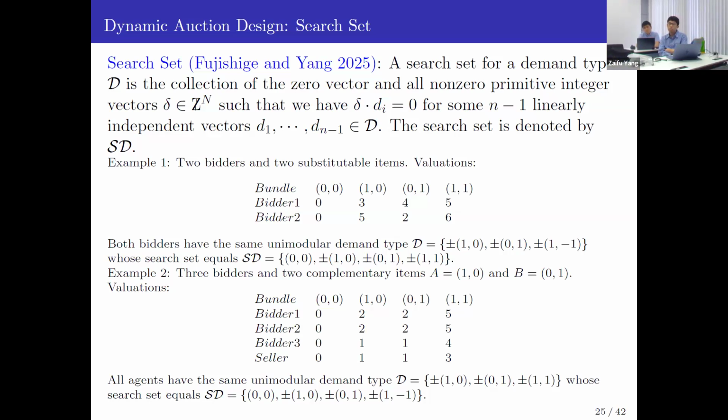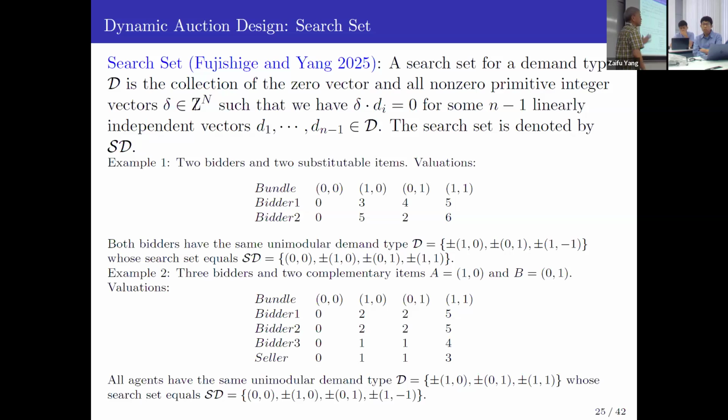Now for the complements case, as we already saw previously, you have this demand type, and then the search set is: decrease by 1 or minus 1, or decrease 1 but increase 1, or increase 1 and decrease 1. But never increase or decrease both atoms simultaneously.